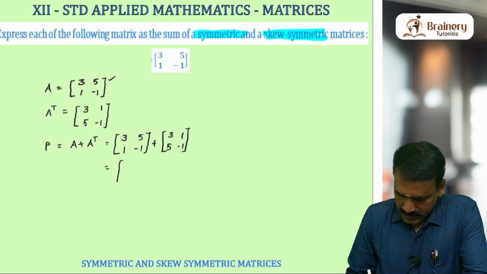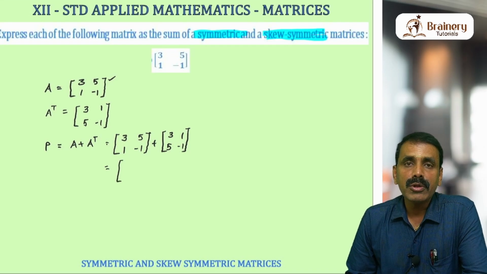Because both are 2 by 2 matrices, we can add them by adding the corresponding elements.